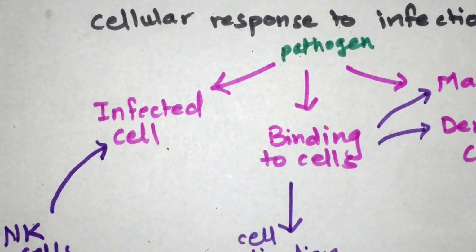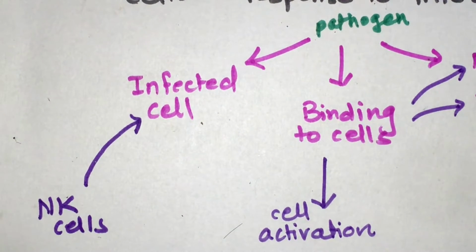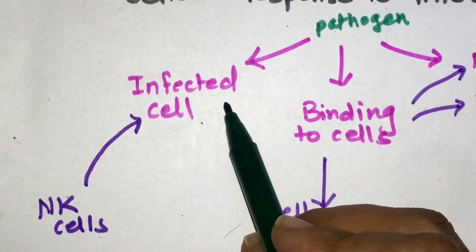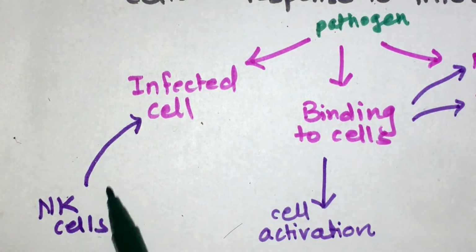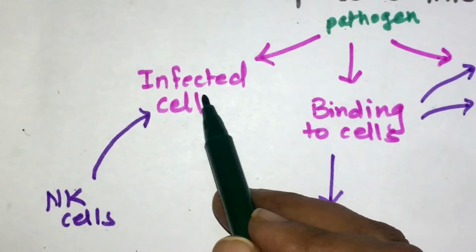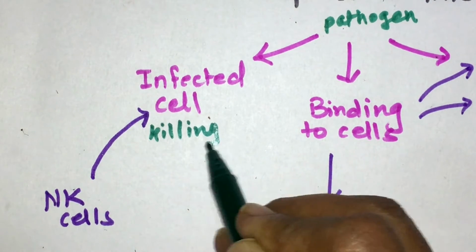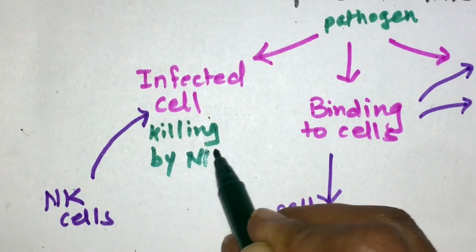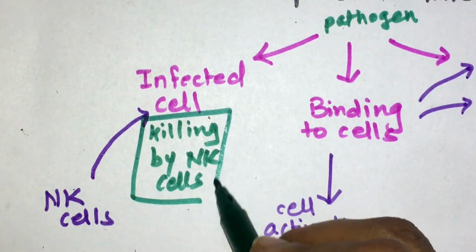If the pathogen has entered any cell, then that cell becomes an infected cell. To this infected cell, natural killer NK cells will get attracted and kill these cells. So there is going to be killing by NK cells. This is the cellular response.